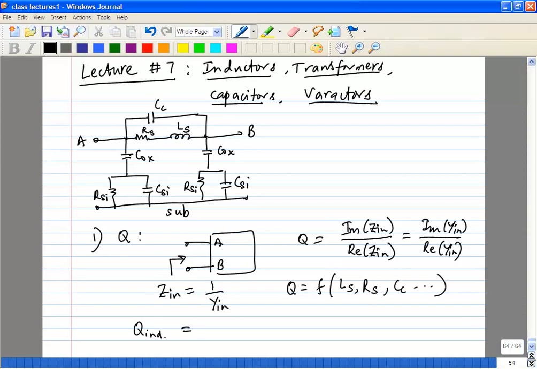The effects of these capacitances only increase with frequency, because the impedance gets lower and lower. Imagine at really high frequencies, CC is going to be a short. You don't have an inductance at all between A and B. So obviously, it's no longer an inductor after a certain frequency, and that is what we call the self-resonant frequency, and we're going to go to that next.